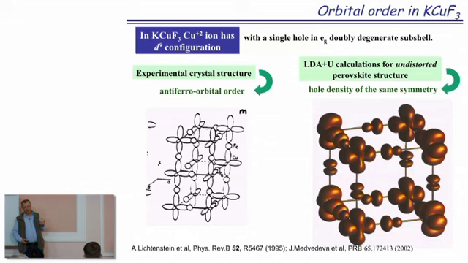So normally people say that Jahn-Teller distortion is the following. Lattice distorts, electrons energy lowers. Here we say the opposite way. Electronic degrees of freedom produce orbital ordering and lattice follows that.